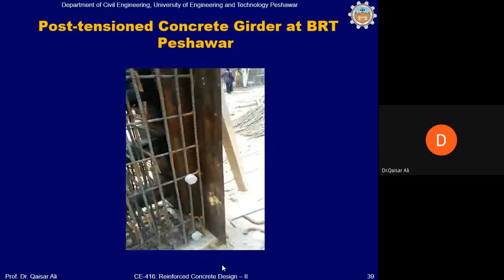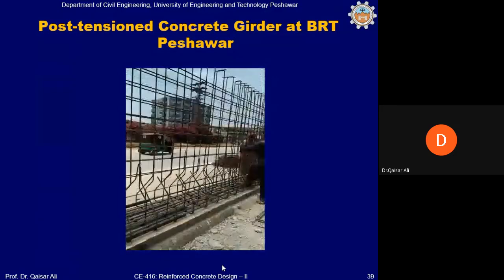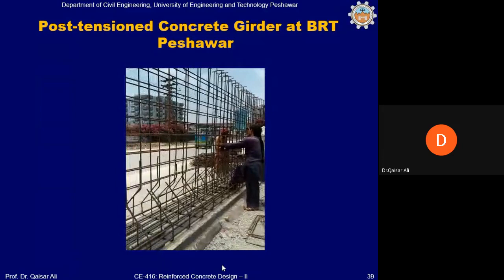You can see strands at 5 levels have been used to apply this pre-compression force in this girder.